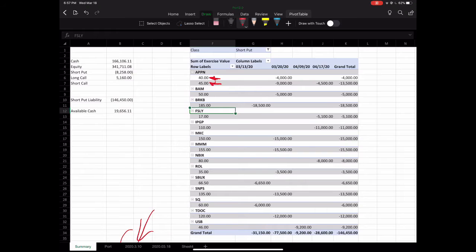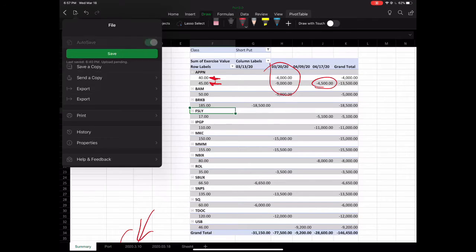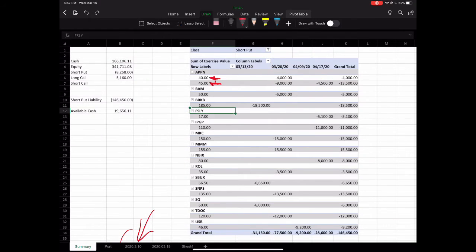There I've got two different strike prices for APN. You can see that I have two different execution strike prices for March 20th and another one for April 17th. I just like to be able to break it down this way, and the pivot table makes it really, really nice and easy that way.